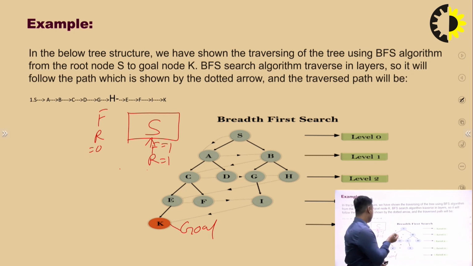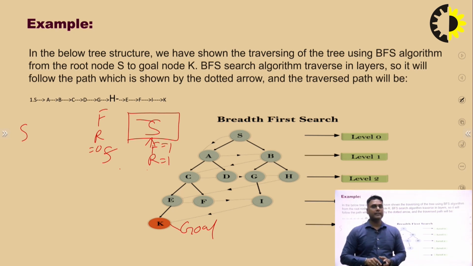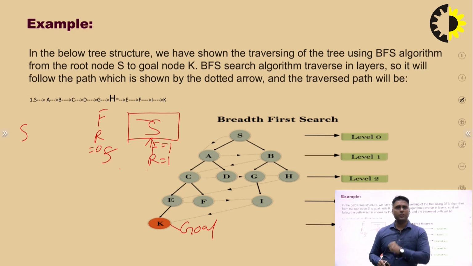So I pop one node, that is the S node, from the queue and traverse this node. First I traverse S and check if S is my goal node. If S is my goal node, then the searching stops.